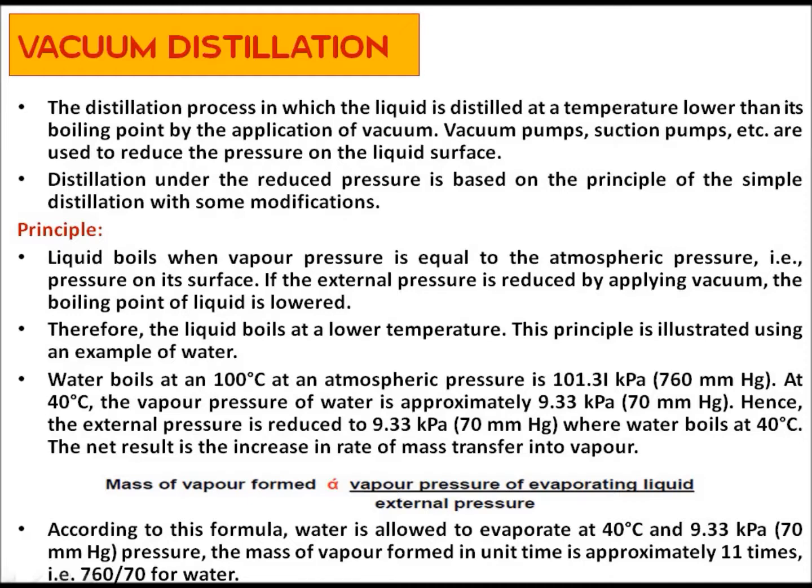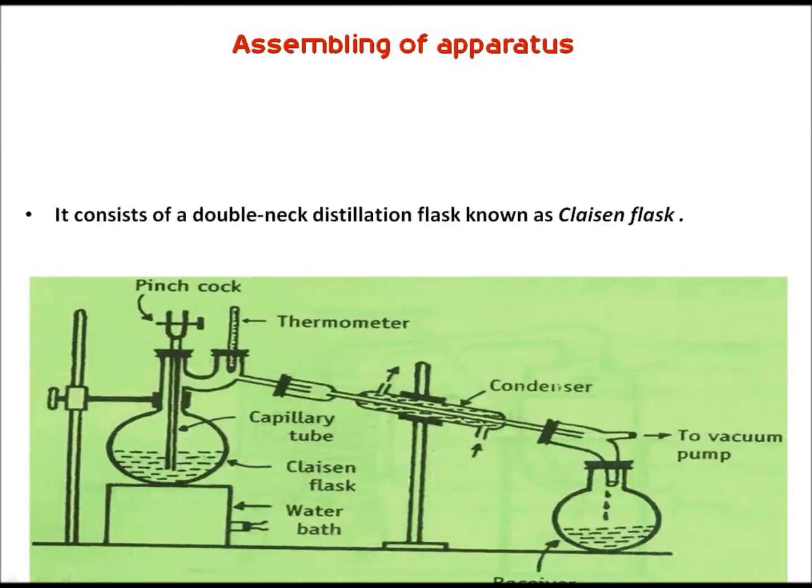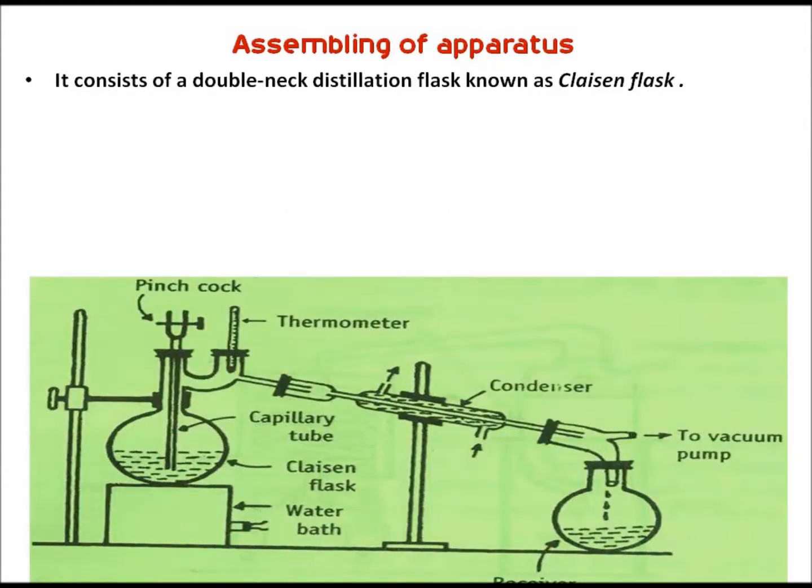And at 70 mmHg, the mass transfer is almost 11 times. How? Vapor pressure of the evaporating liquid 760 divided by the external pressure which we have applied, 70. Thus you see, it is a very efficient way of heating, right?